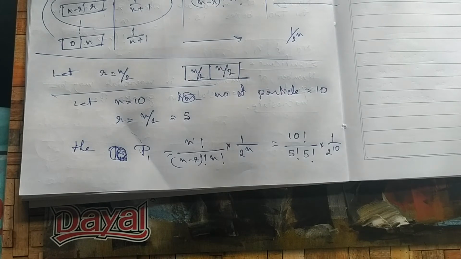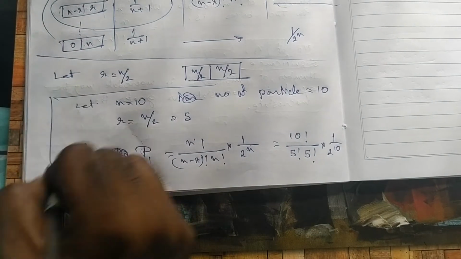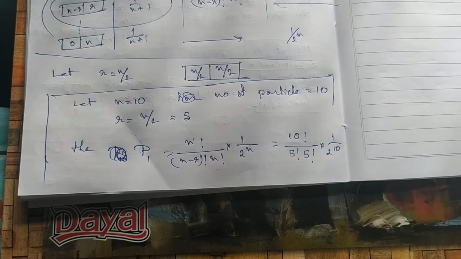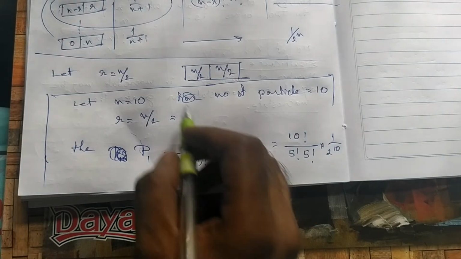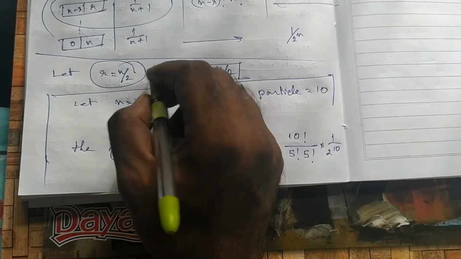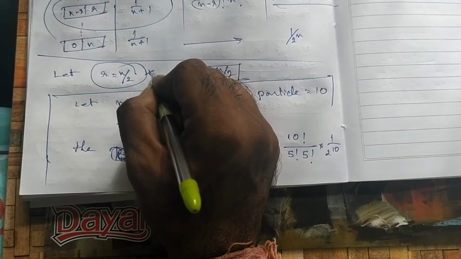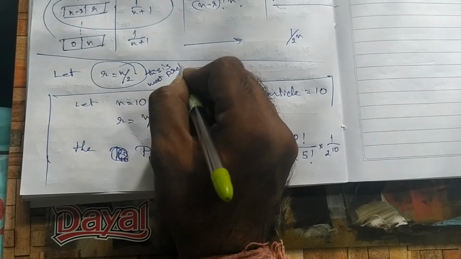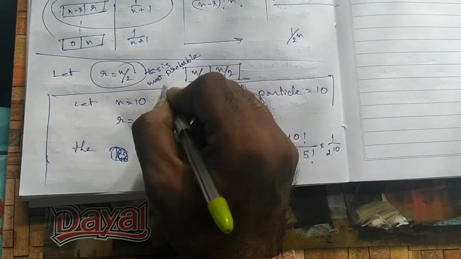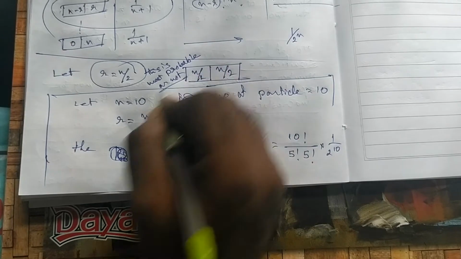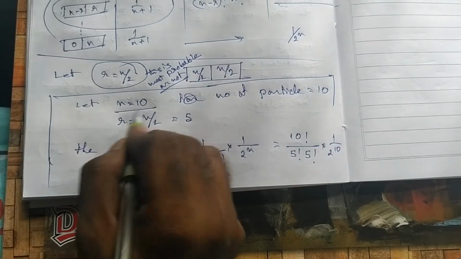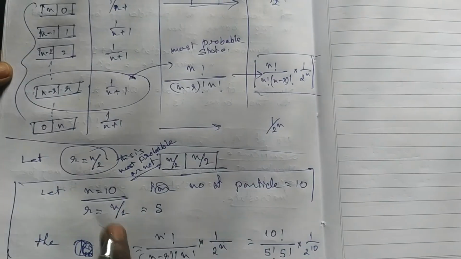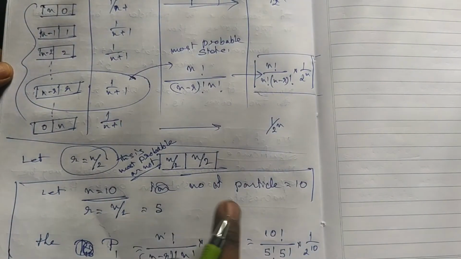Is it clear? We just find out whether this case is the most probable or not. That's why we take an example with n equal to 10.